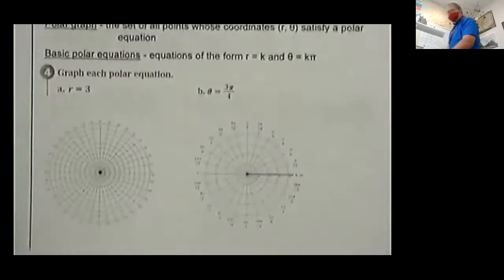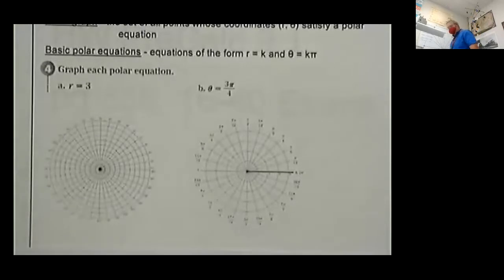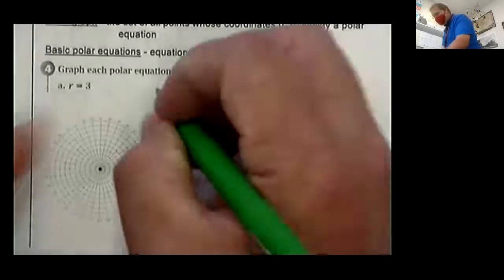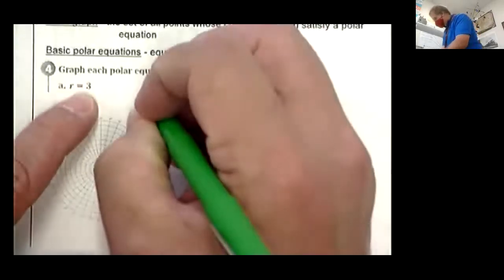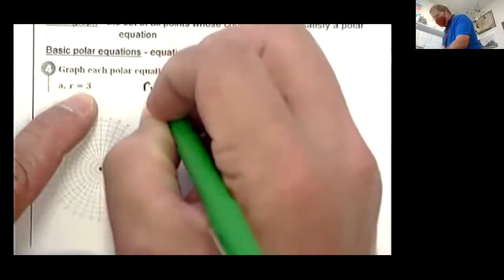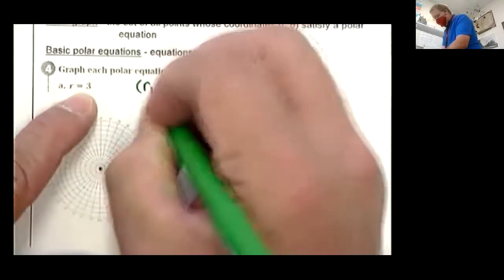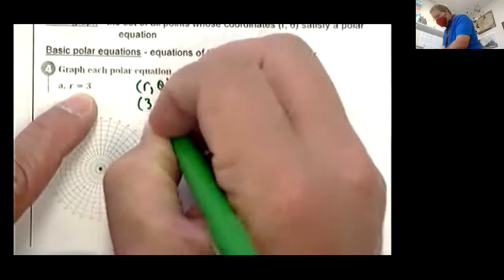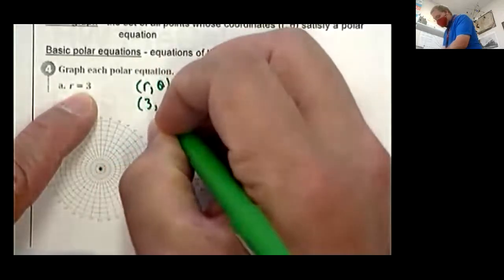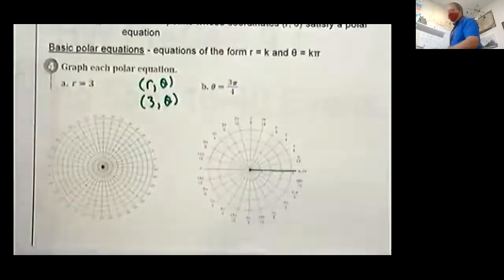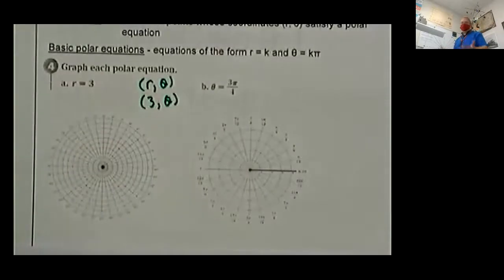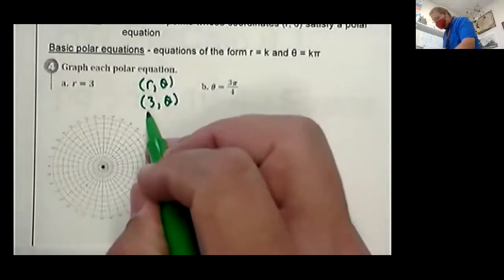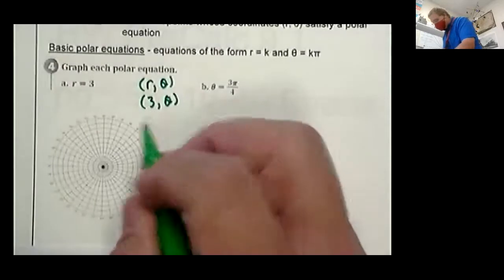So graph each polar equation. So what's one way we can think about this? Well, if r is 3, we want, again, all the points (r, theta). Well, we know r has to always be 3, but theta can be any value. We can think about a table of values if you want to think about it that way. But basically, where is the radius always going to be 3?